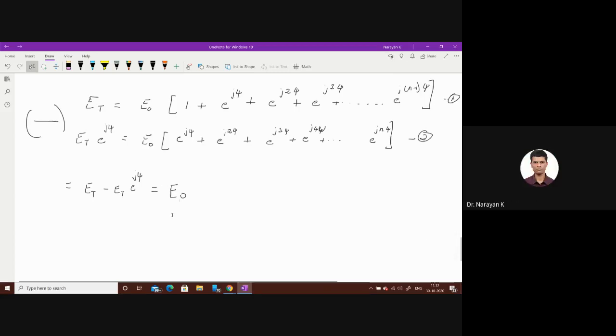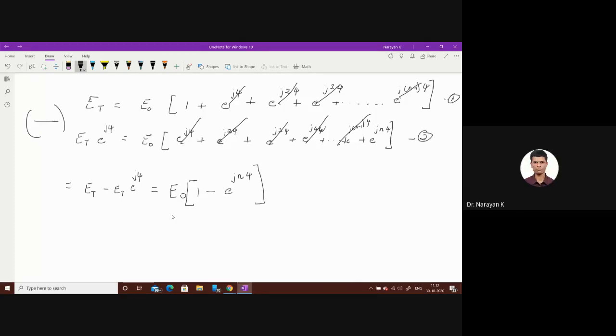First write down 1 minus... e power j psi will get cancelled with this. This minus this, then you will have e power j 4 psi there and that will get cancelled. So just before this, what is the term? E power j (n minus 1) psi plus e raised to the power j n psi. So this will get cancelled with this. So what is the last term remaining? Then e power j n psi.